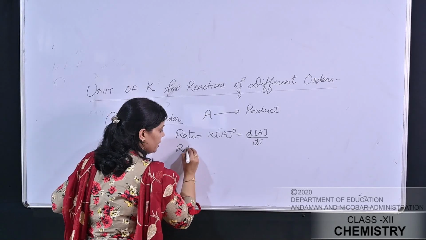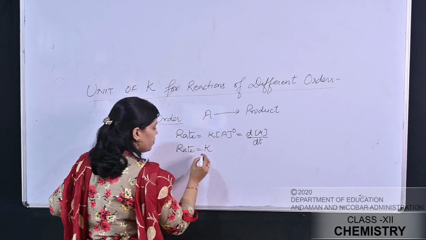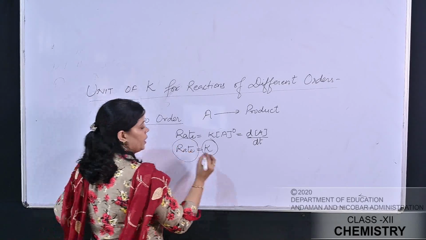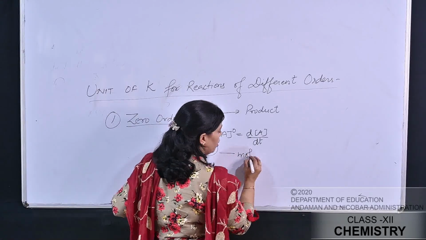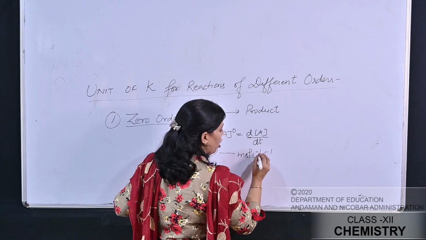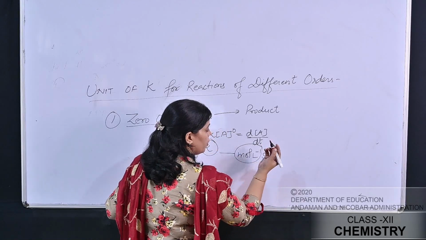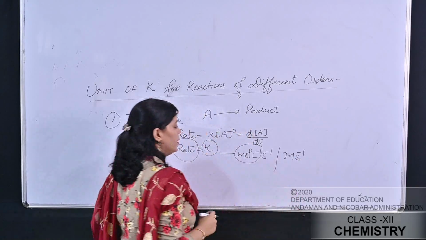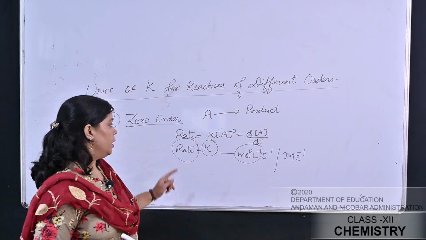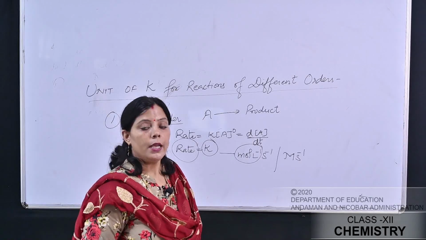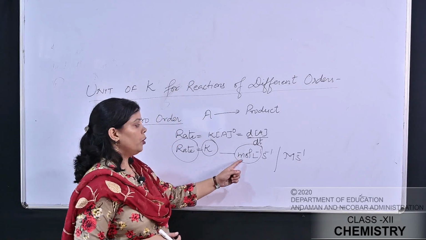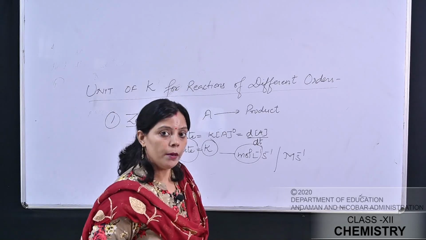So the rate is equal to K. It means the rate constant has the unit of rate of the reaction, which is mole per liter per second, or, since mole per liter is molar, molar per second. So for the zero order reaction, the unit of rate constant is equal to the unit of rate of the reaction, that is mole per liter per second or molar per second.